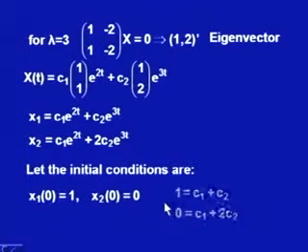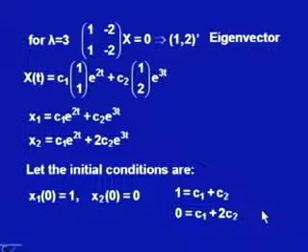So, if we substitute t equal to 0, x1 is 1. So, left hand side is 1 and right hand side, for t equal to 0, it is C1, this factor is also 1. So, it is C1 plus C2 from the right hand side, and similarly substituting this in the second equation, we will have 0 on the left hand side, and on the right hand side we will have C1 plus 2C2.